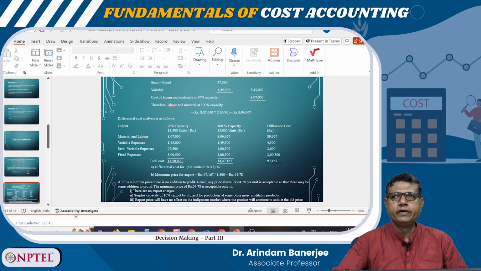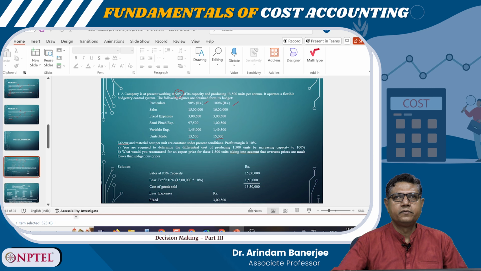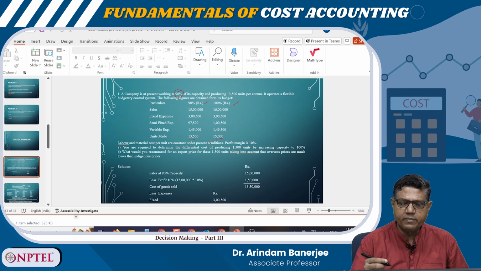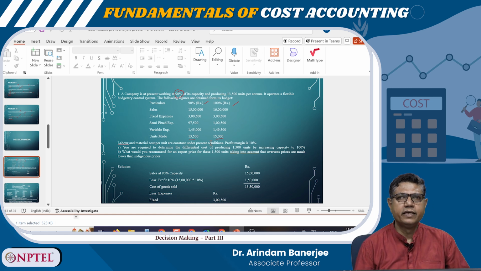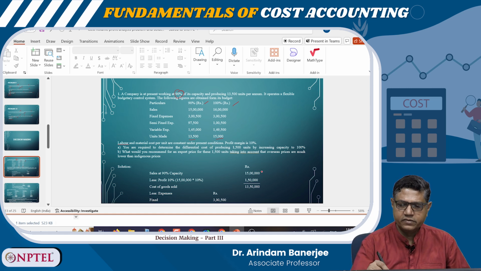So, we can calculate it like this. Here is the solution. Sales at 90% capacity is 15 lakh.